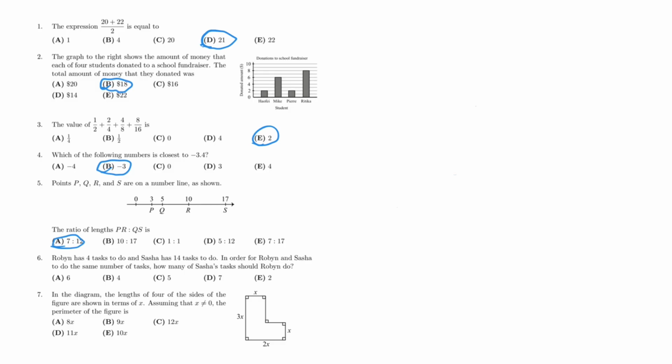Number 6. Robin has 4 tasks to do and Sasha has 14 tasks to do. In order for Robin and Sasha to do the same number of tasks, how many of Sasha's tasks should Robin do? Robin and Sasha in total have 4 plus 14, that's 18 tasks to do.